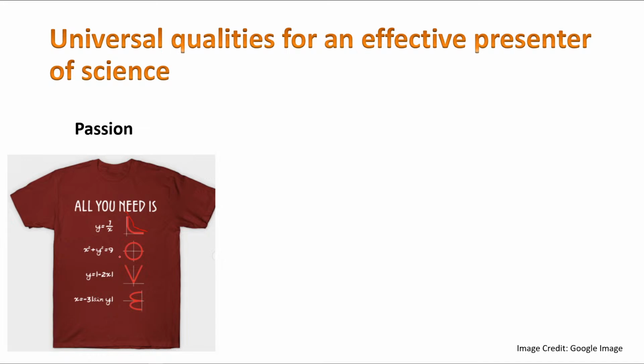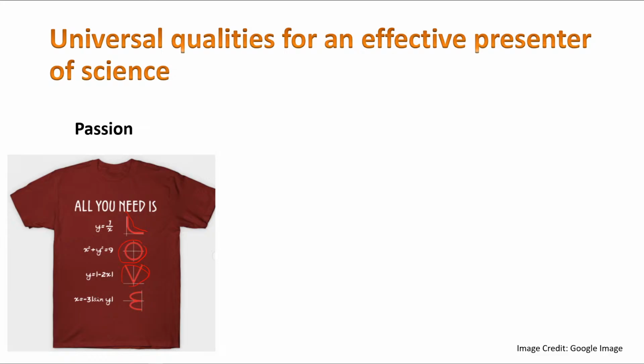X squared plus y squared, that's an equation of a circle. Then a v-shaped one, I don't remember the name of this function. Then all you need is love. That will show how enthusiastic I am about the algebra or geometry that I'm teaching.